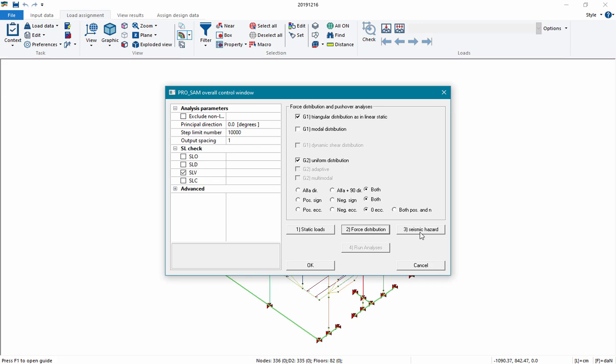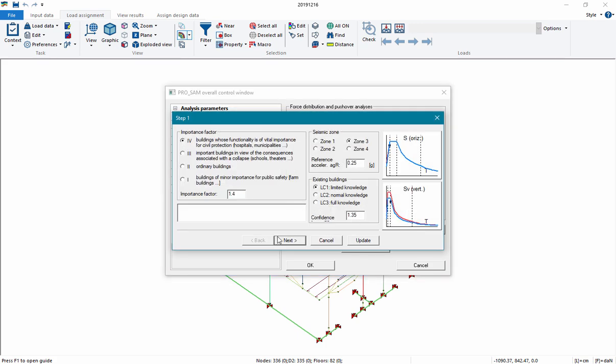Then we have to use this command, seismic hazard, to give the program the information about the response spectrum. There is this wizard in 5 steps that collect all the information required by Eurocode 8 to define the response spectrum. So we have to set the importance factor, the seismic zone, and the reference acceleration.